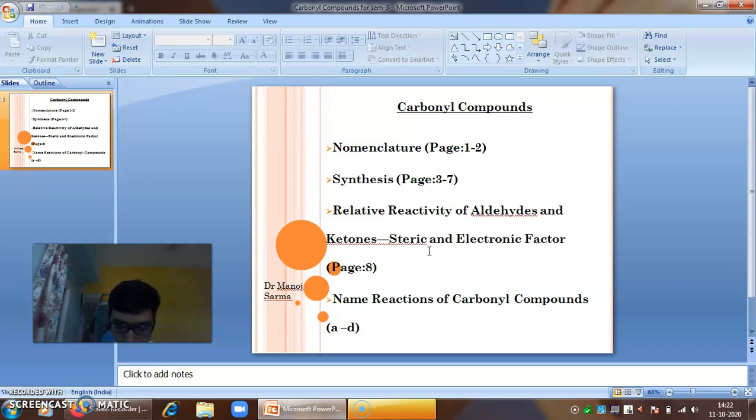Again, in page number 3, we have given some examples along with IUPAC names. First one, you have seen ethane-1,2-diol, 2 carbons, hence it is ethane.